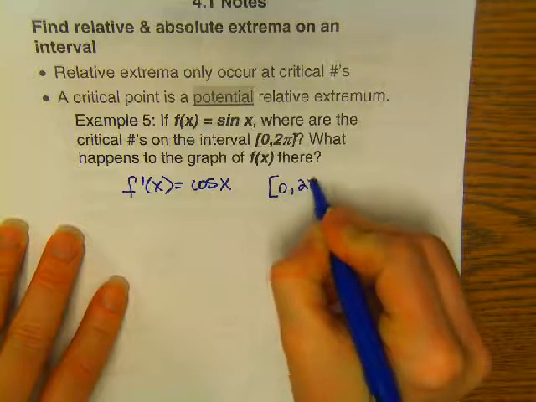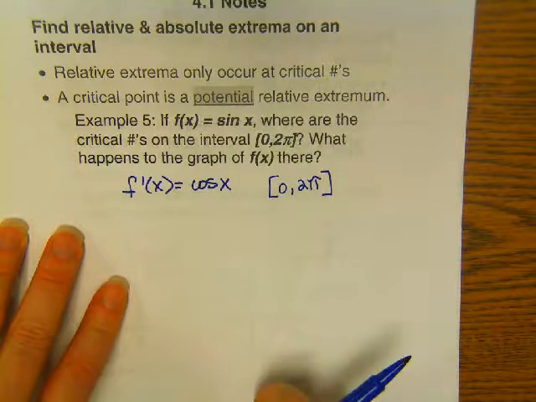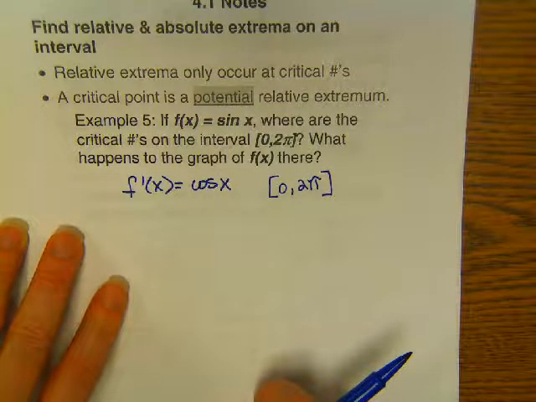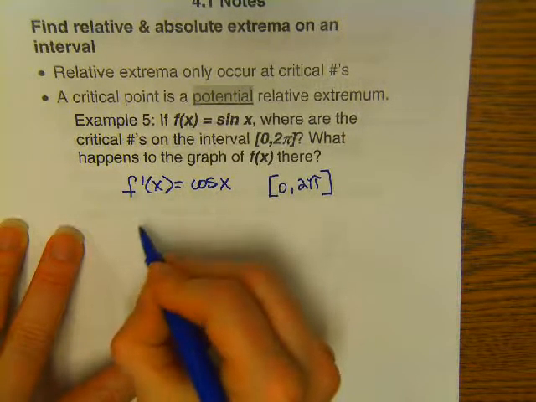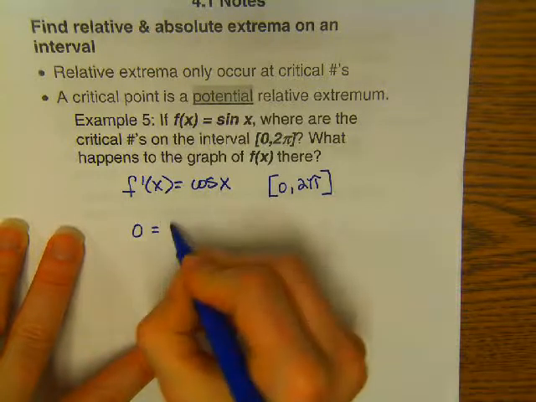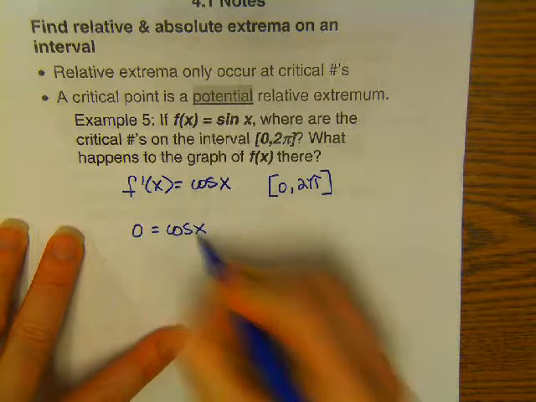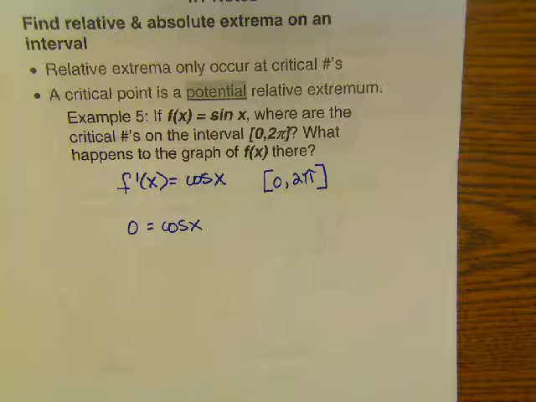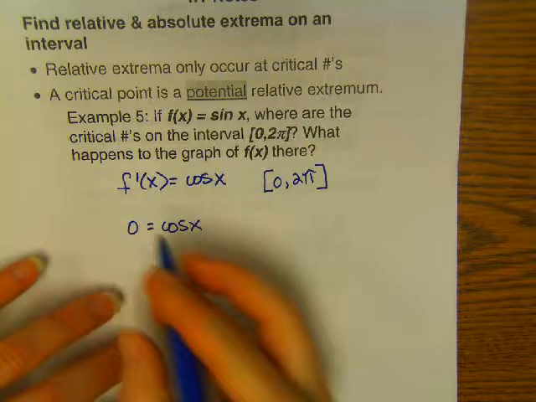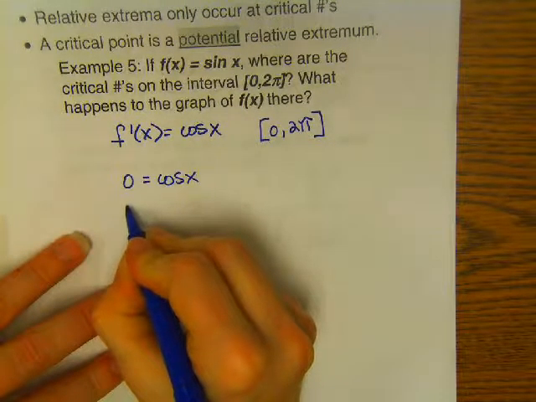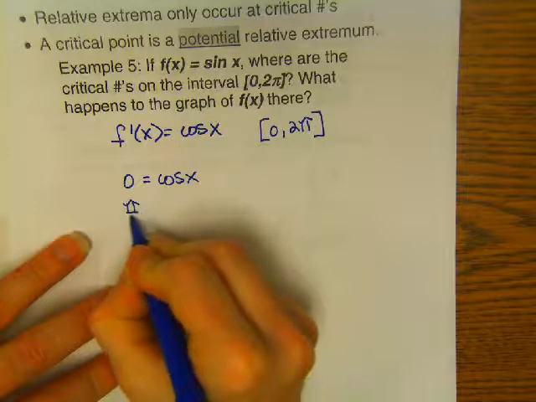Okay. And the zeros of cosine of x, in other words, where cosine of x equals 0, is actually at the top and the bottom of the unit circle, and that is then at x equals pi halves and x equals 3 pi halves.